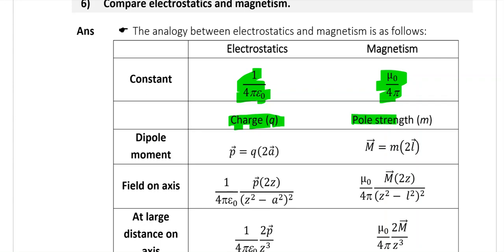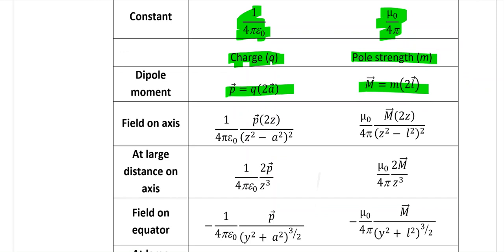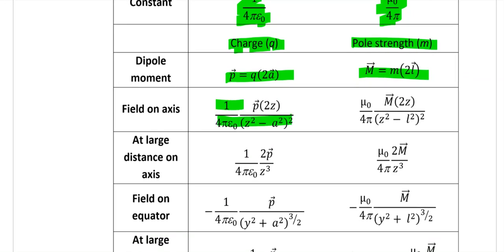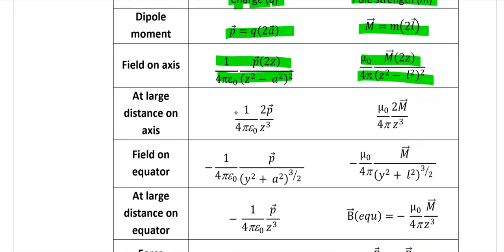Here, poles are producing magnetic field lines. So poles are taking the role of charge. Electric dipole moment P is Q into 2a. Magnetic dipole moment is pole strength into distance. These are the formulas. It would be easier for you if you keep this comparison in mind. You will be able to remember both sets of equations.